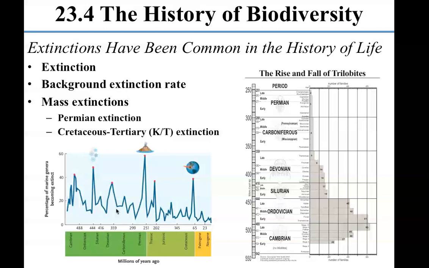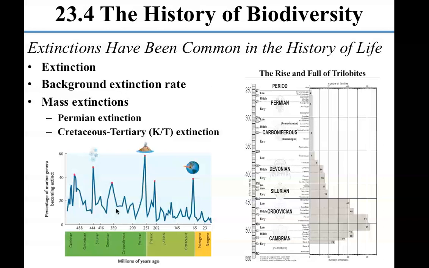And therefore, there's a background extinction rate. The background extinction rate is simply the rate at which species go extinct as environments change and poorly adapted organisms fail to survive or reproduce.